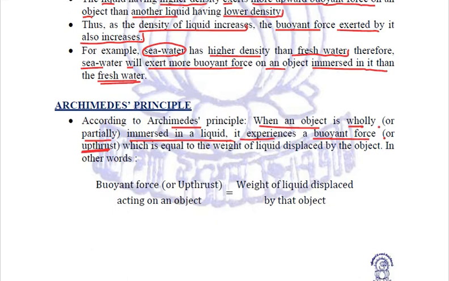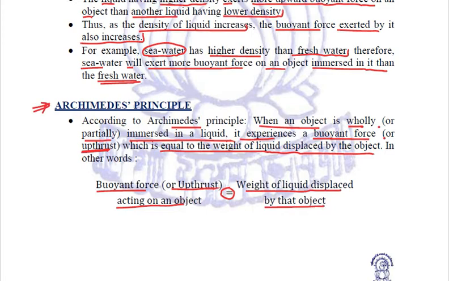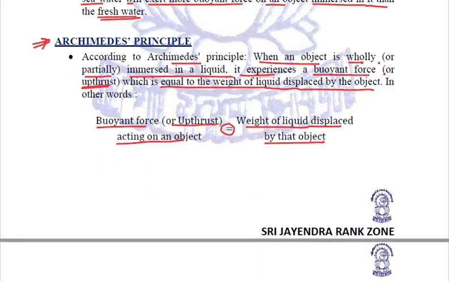The important thing is that this buoyant force is equal to the weight of liquid displaced by the object. So we can say that the buoyant force or the upthrust acting on an object is equal to the weight of liquid displaced by the object. This is what the Archimedes principle says.